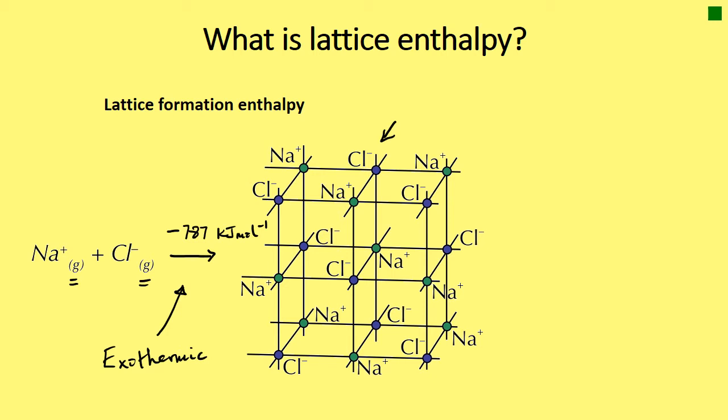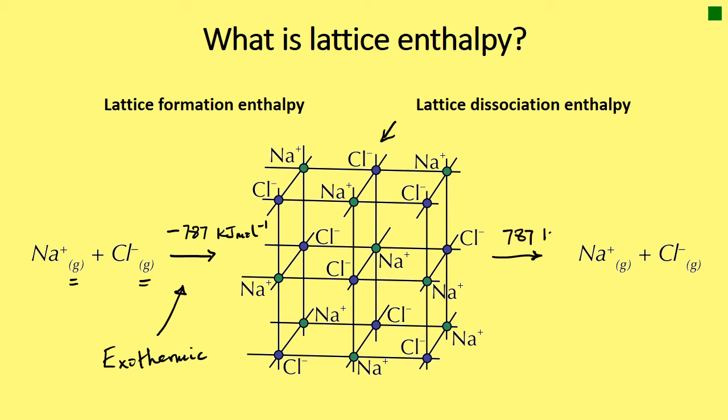The second way of defining lattice enthalpy is the lattice dissociation enthalpy, and that's when we start with the lattice, we start with 1 mole of the ionic compound, and we make gaseous ions out of that, and so we break down that lattice, break all those bonds, and the lattice dissociation enthalpy for this compound would be 787 kilojoules per mole.